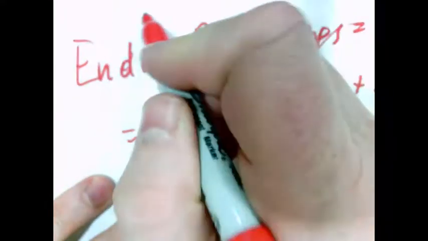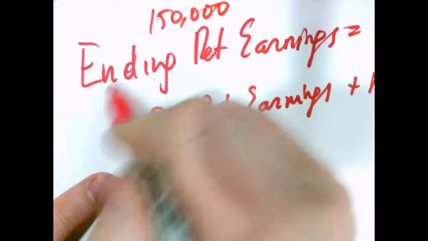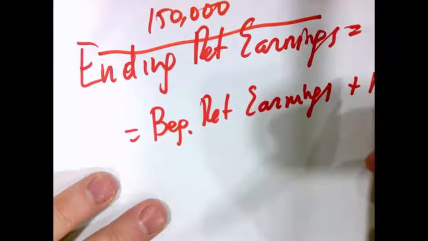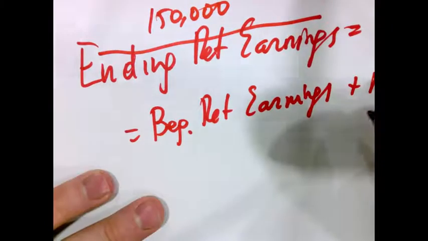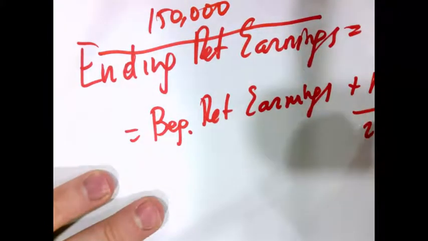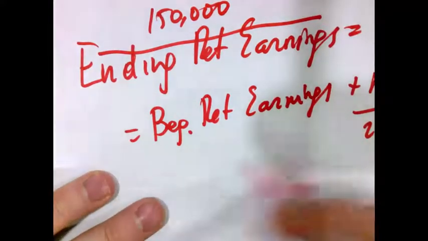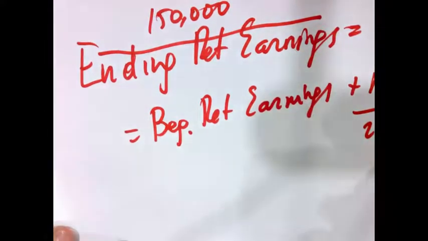Well, we know what the ending retained earnings are. We just figured it out. It's 150,000. We know that net income is 275,000, from the income statement. We know the dividends are 125,000. Those are given. So now we can solve for beginning retained earnings.